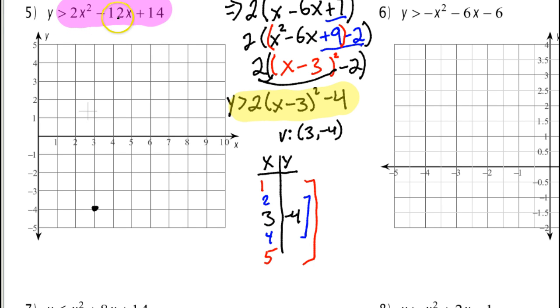So 2 minus 12 is -10. -10 plus 14 is, that right? -10 plus 14 is 4.